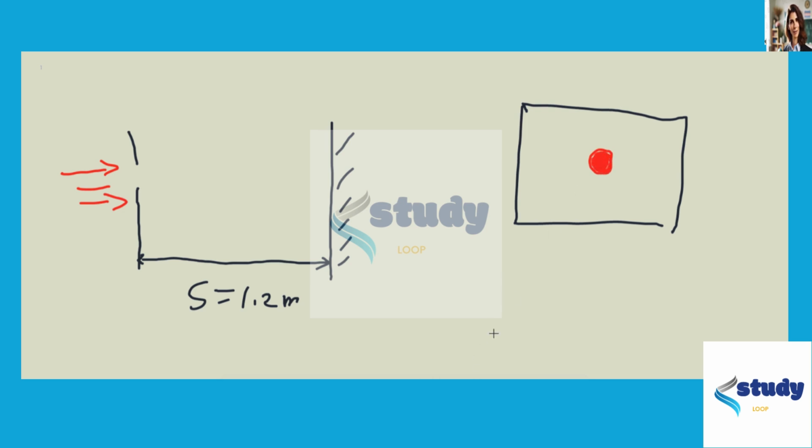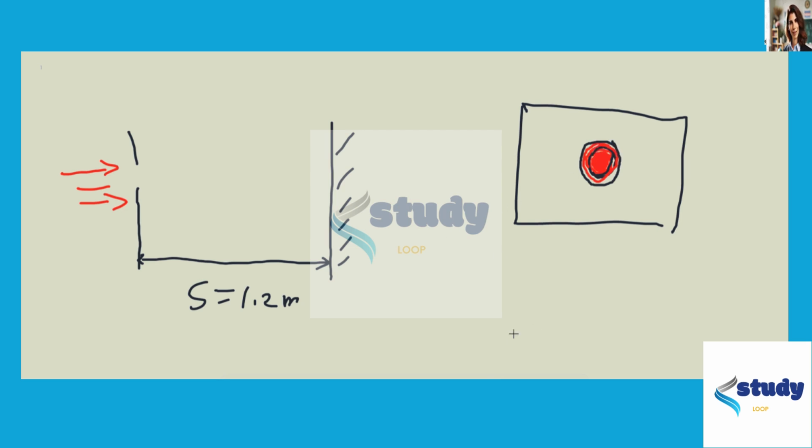Along with it, we have the first dark ring. Outside of the first dark ring, we have the first bright ring, and then the second dark ring.